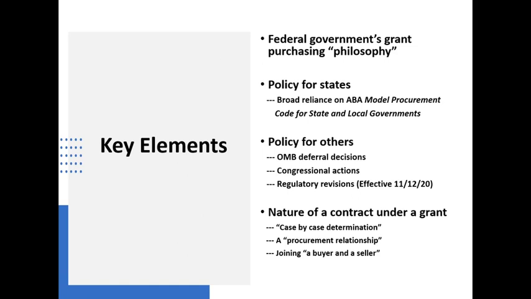The costs must be necessary. They must be reasonable. They must be beneficial or allocable. They must be consistently treated, adequately documented. And one of the criteria is that they be applied uniformly to both federally financed and other activities of the organization.